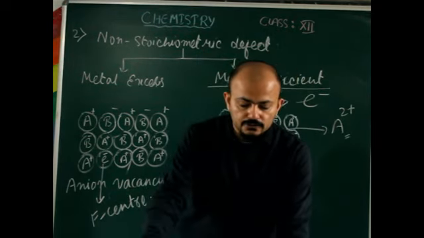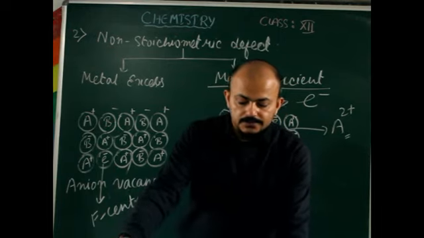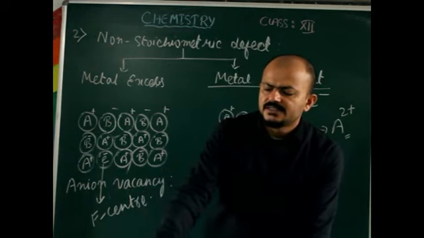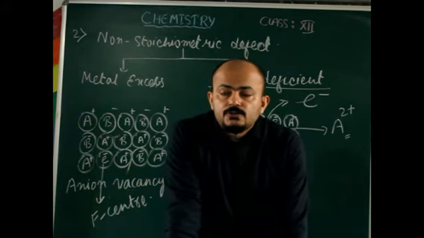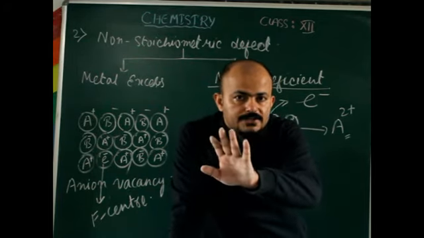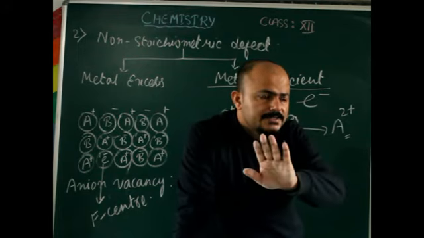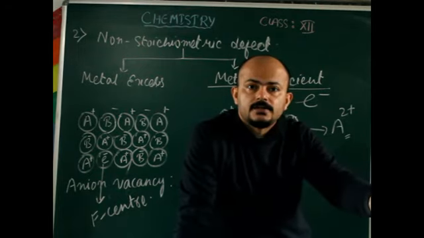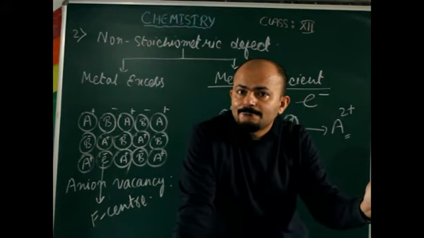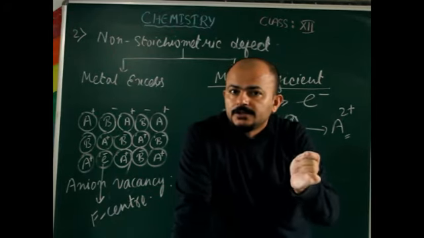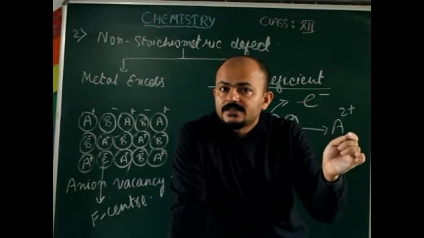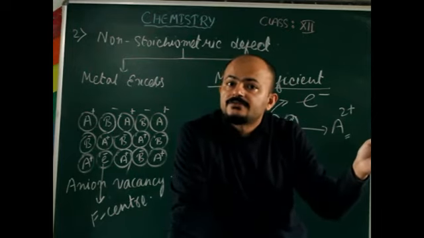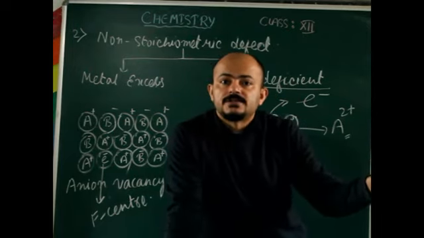Now let's move on to impurity defect. Impurity defect is very simple. In impurity defect, you have a crystal system of one particular type of ions, and you put a small amount of foreign particles in it. Foreign particles means atoms or ions of another type of crystal.